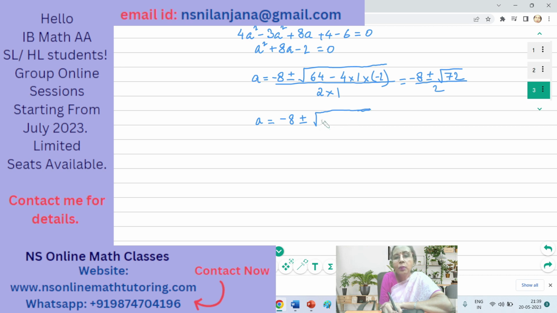So this will be 4 times 9, that is 36 times 2 over 2. So this is minus 8 plus minus. From this 4, 2 will be coming out, and from this 9, another 3 will be coming out.